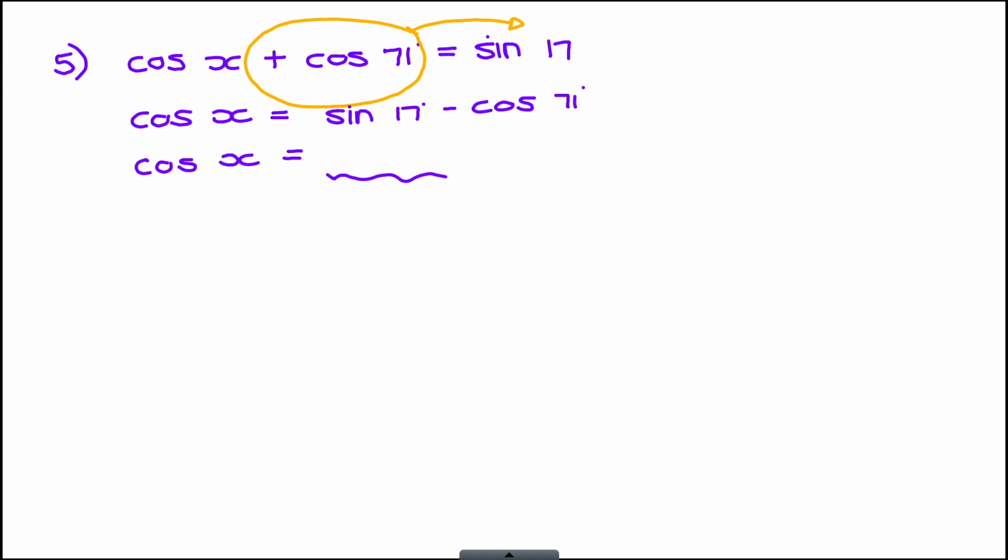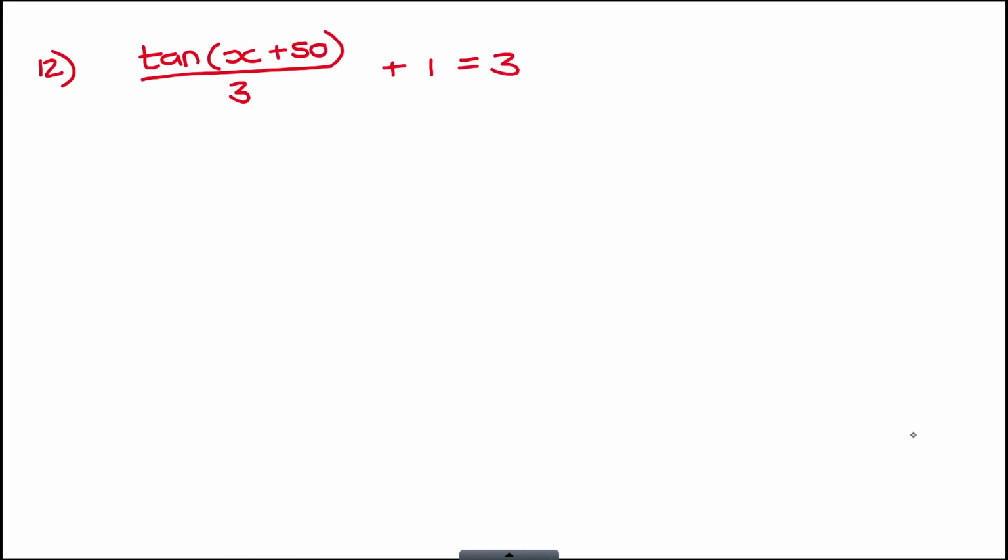Okay, now let's quickly look at number 12. Okay, by number 12 gaan ek ook net gou 'n paar extra stappe moet doen. What would be the first thing that I'm going to do here? Wat gaan ek moet wegvat? No, before I do the 3, I must first do the 1 must go over.